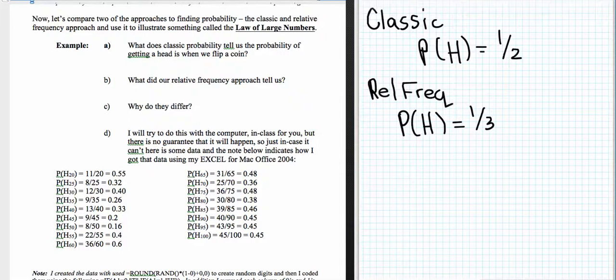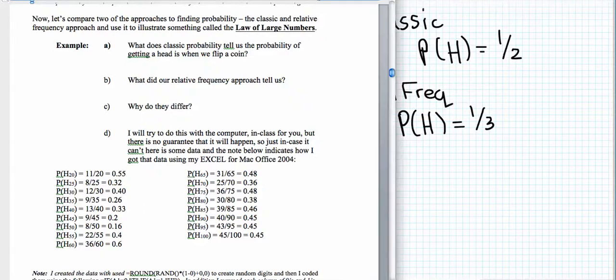And you can see that down here, it's bouncing all over the place, up and down. Sometimes it's almost right on, sometimes it's really low, sometimes it's a little bit high. It just bounces and bounces.